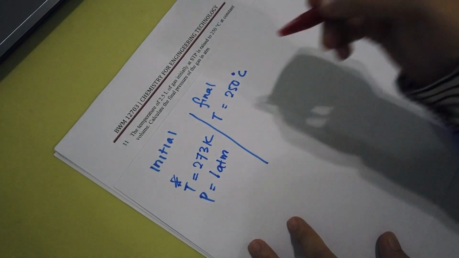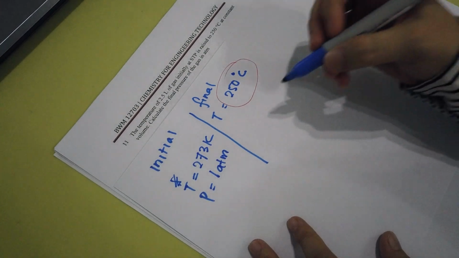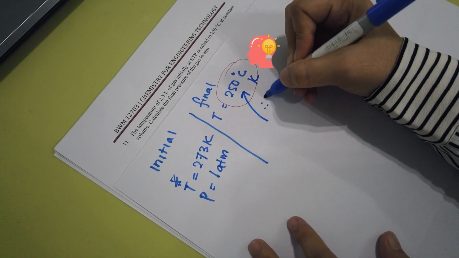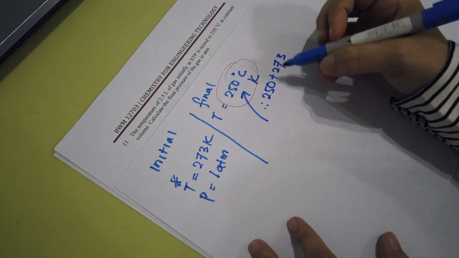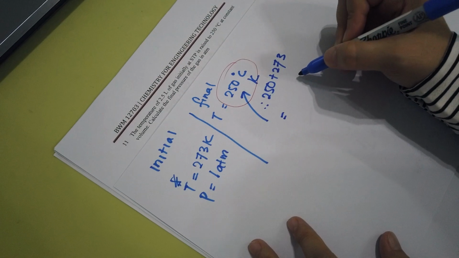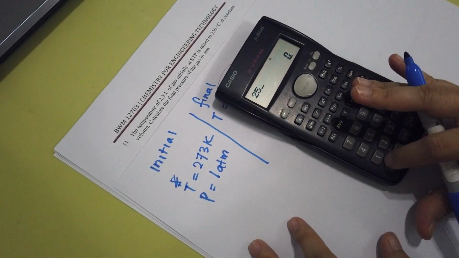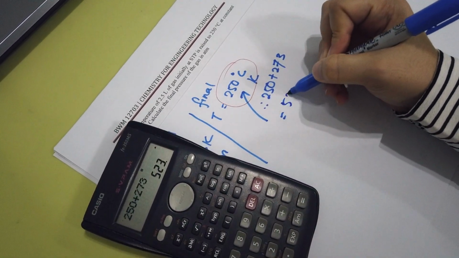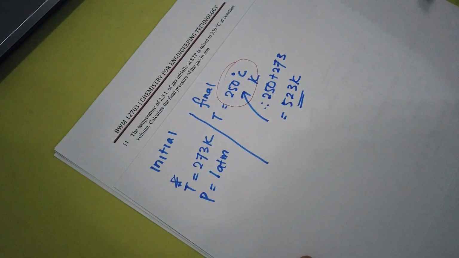The final temperature is not in the unit that we want. We should change it to Kelvin. So 250 plus 273, you will get 523 Kelvin.